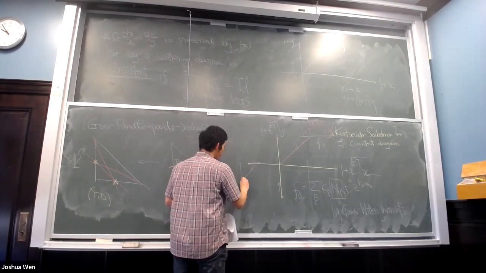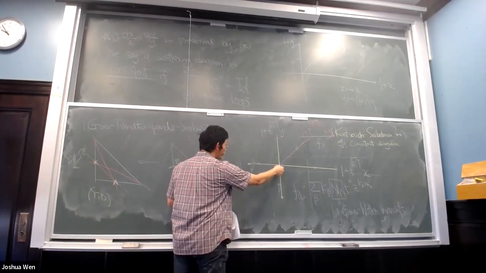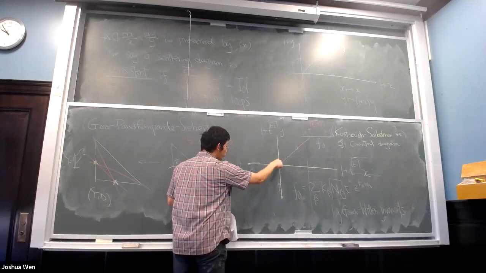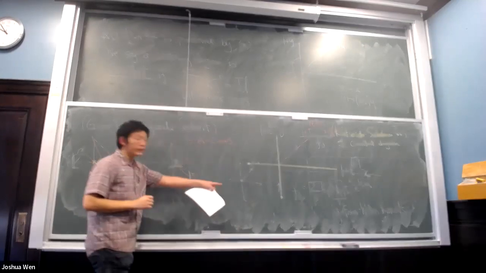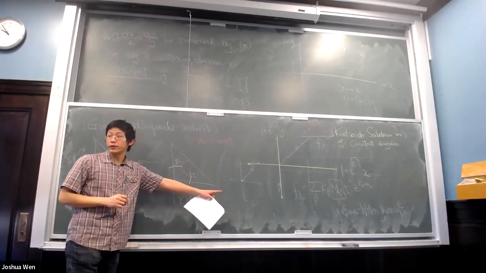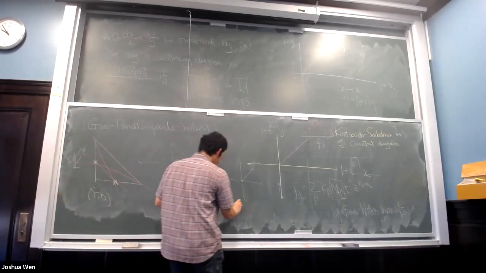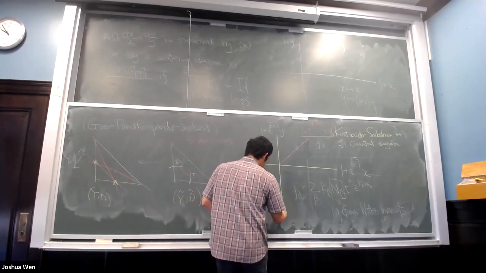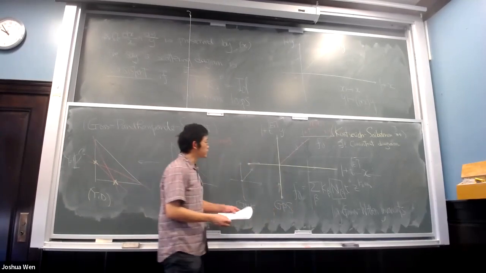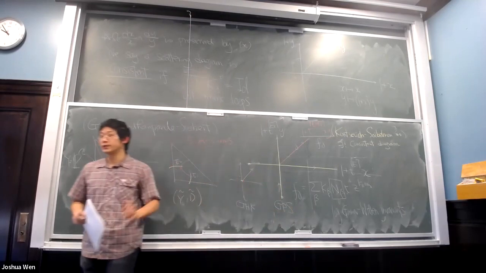So I'm going to have something like this, and then I reverse the direction of this part. That corresponds to the GHK scattering diagram. So this is GPS, and essentially these two scattering diagrams are equivalent in this sense.